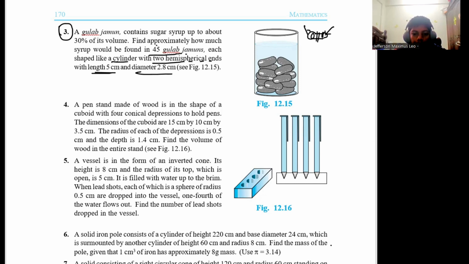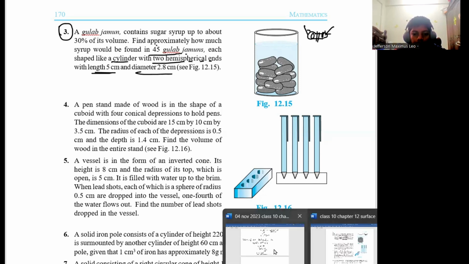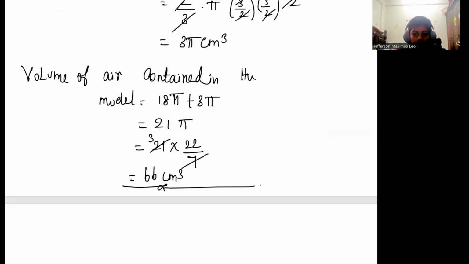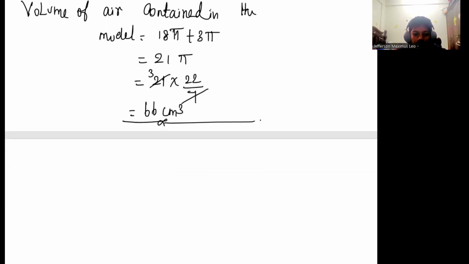Do you have any ideas to approach this question? Any idea? Ma'am, we'll find the volume of one gulab jamun. Very good. That step is good. So volume of a cylinder plus 2 hemispheres, that is one gulab jamun, but our question asks for 45 gulab jamuns.